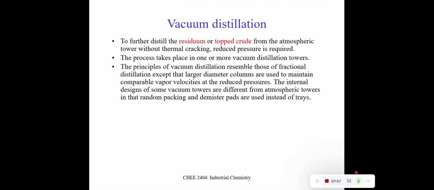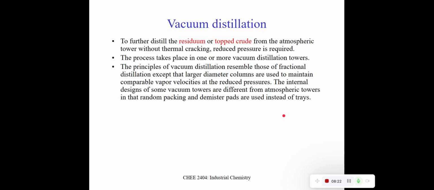Next, the second vacuum distillation takes the residue from the first vacuum distillation, and the residue product of this second tower is not fed to propane deasphalting.